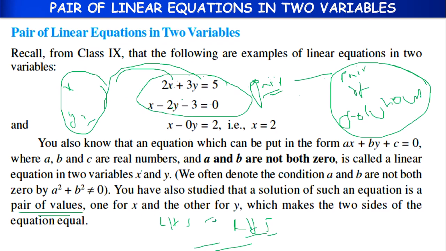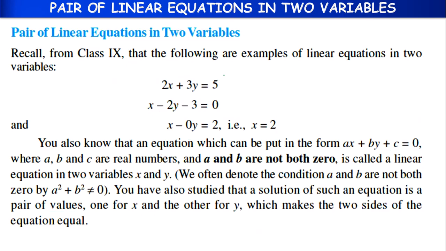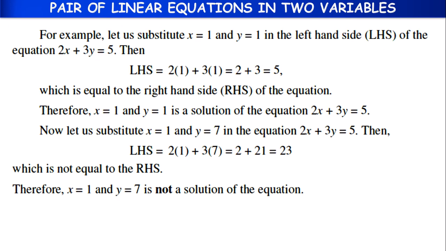For example, in this one, 2x plus 3y equal to 5, suppose we substitute x equal to 1, y equal to 1. The LHS is 2x plus 3y. In the place of x we are keeping 1, in the place of y we are keeping 1.